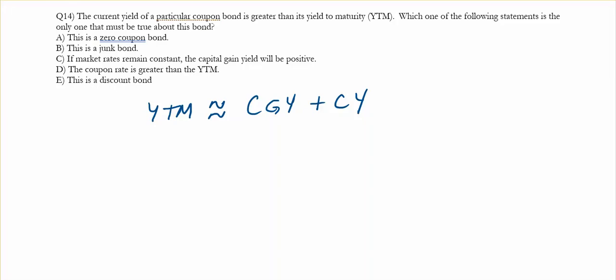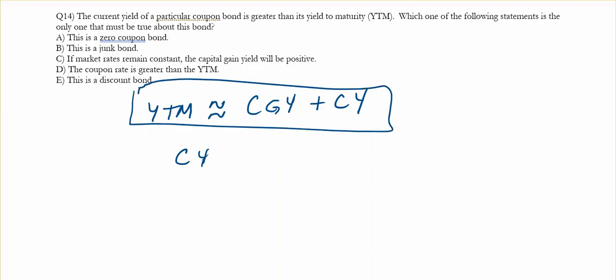We see that the current yield of a coupon bond is greater than the yield to maturity. So we're told that the current yield is greater than the yield to maturity. Now if CY is greater than yield to maturity, but the two sides are going to be roughly equal to each other, that implies that the capital gain yield is negative.